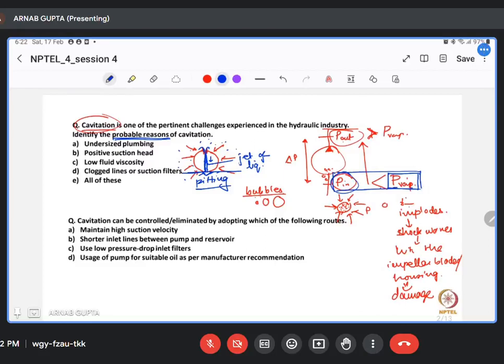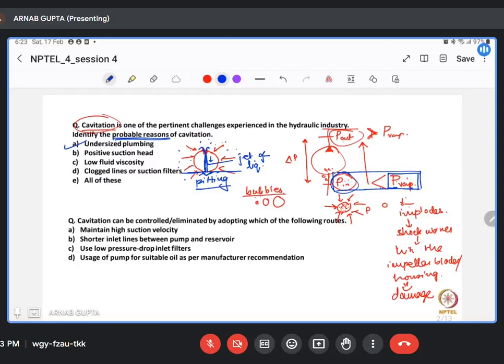So that is one of the remedies, right? Rather, I would say, the question asks the probable reasons of cavitation. So this is one of the reasons: P in is less than P vapor pressure. So undersized plumbing is also one of the reasons. Then positive suction head. Positive suction head means the pressure is greater than the vapor pressure.